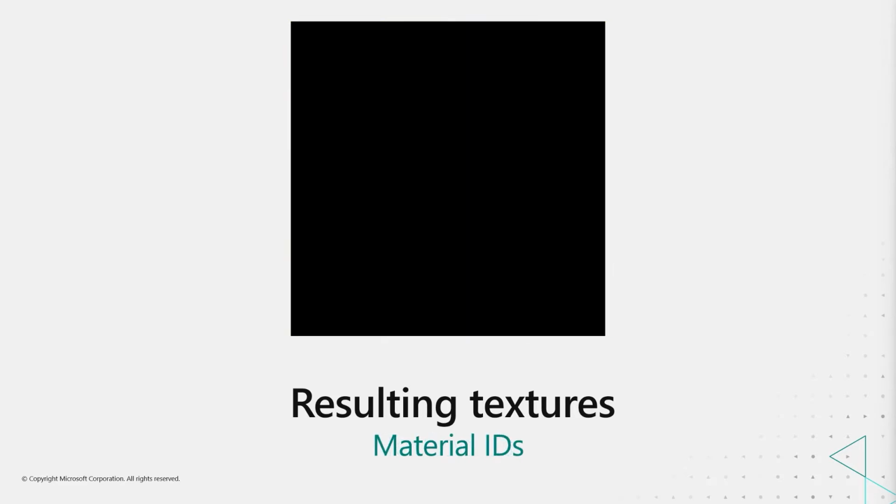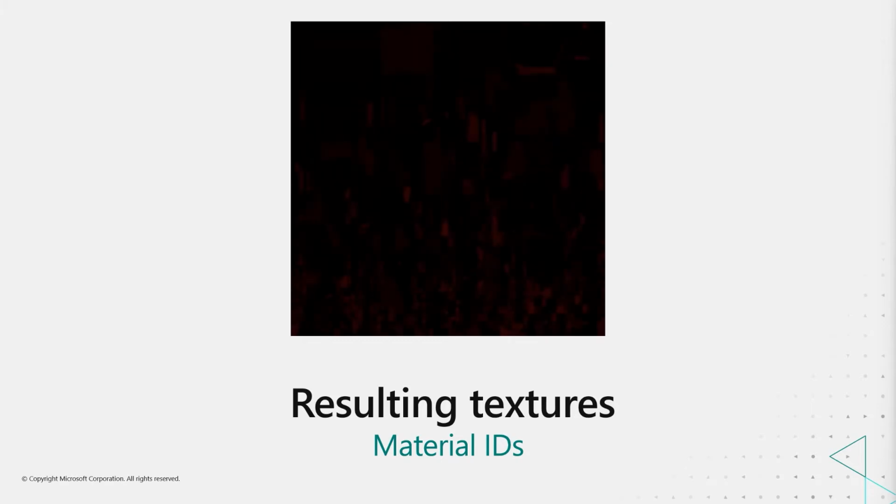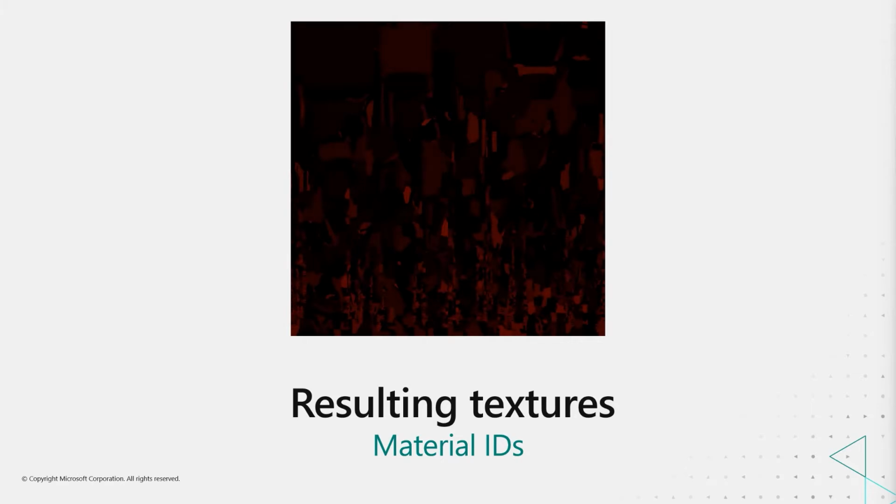The other part is the material IDs. It looks black, but that's because there are only 6 materials in this. If we amp up the contrast a bit, we will see that there's actually a set of different materials.